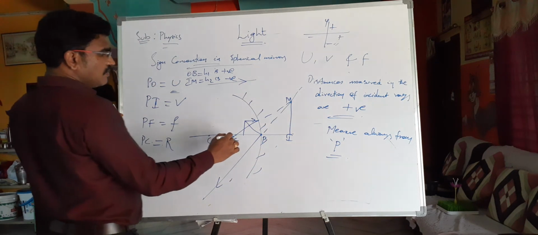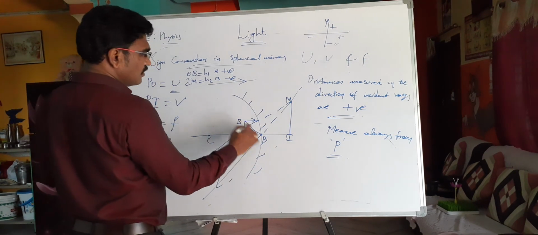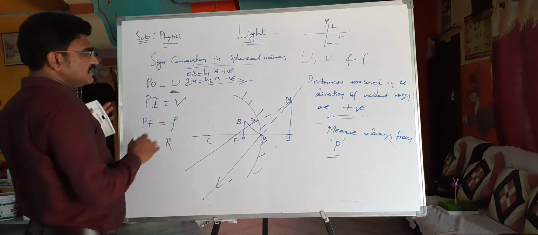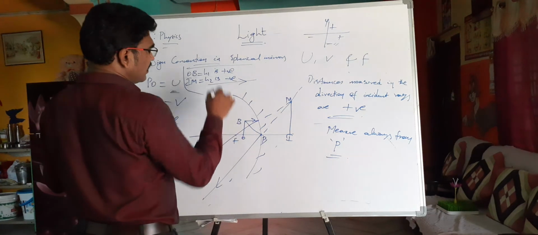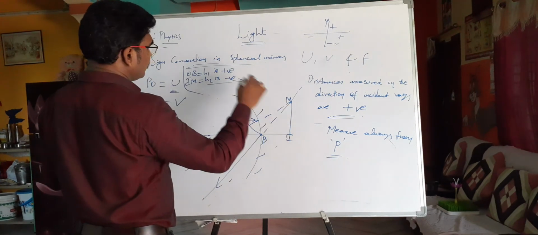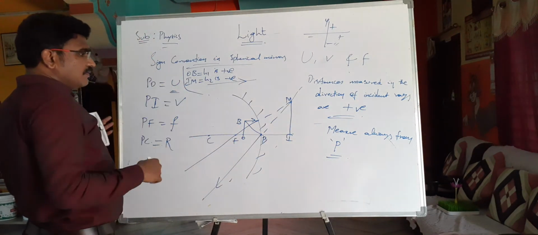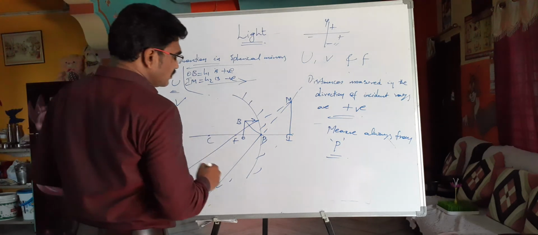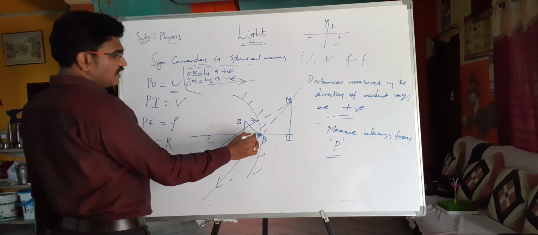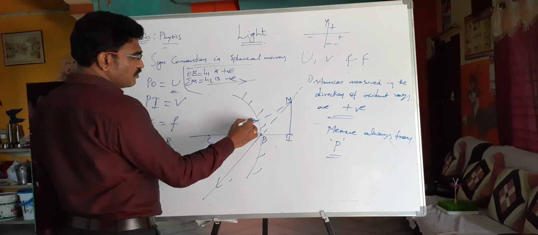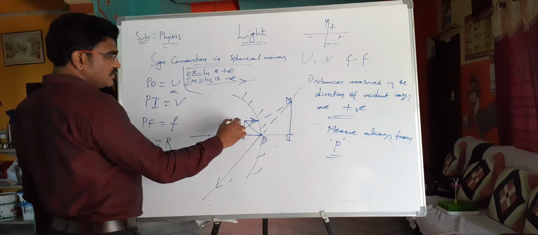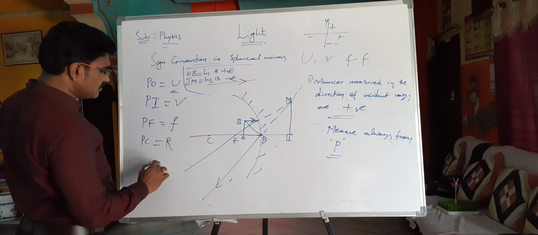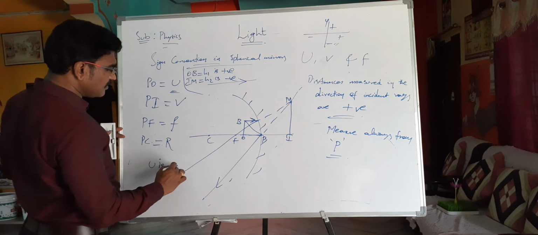V. This is the object OB. What is PO? The object distance. OB height H1 and image height H2. Now is the object distance positive or negative? Always you start from P. Actually the incident rays are moving in this direction, but you are measuring in this direction. So you are measuring opposite to the direction of incident rays, so U is negative.